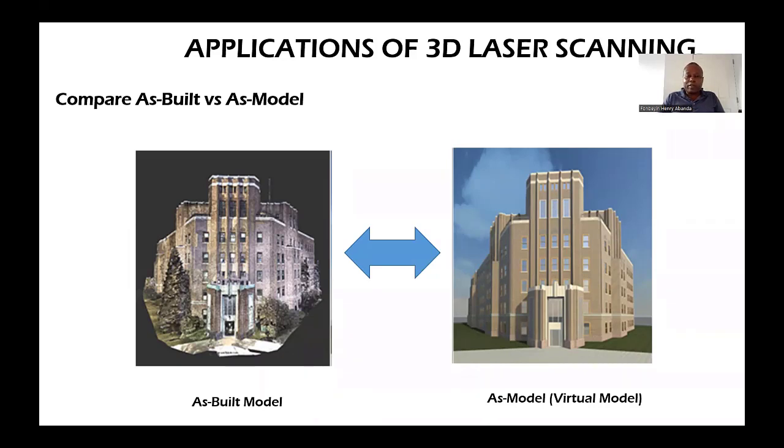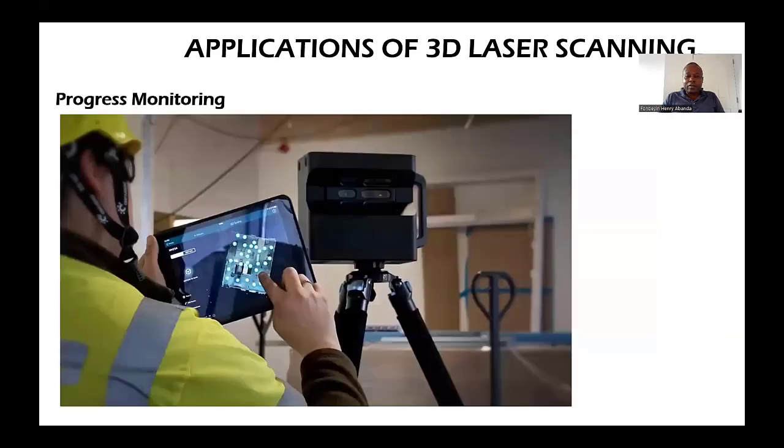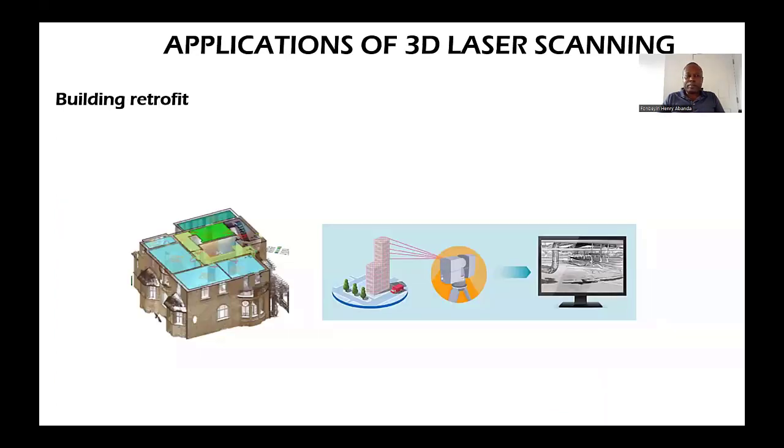So you can always compare and see what the changes are. It can be used for project or progress monitoring. Imagine laser scanning a project that is evolving over time. You can always compare what you have on site with the digital equivalent or replica.